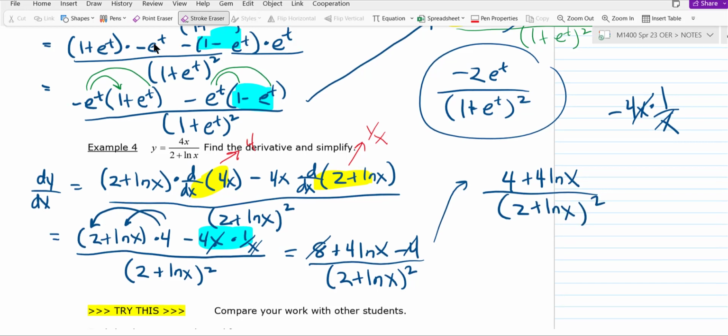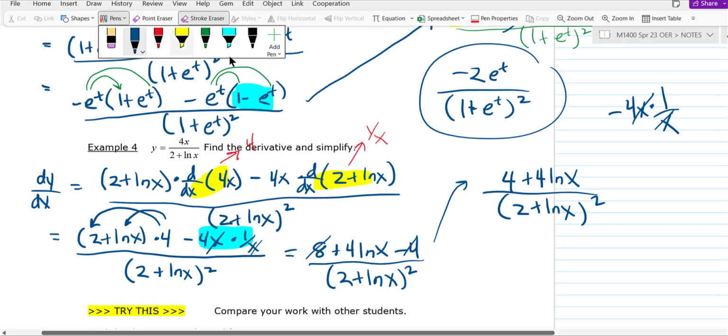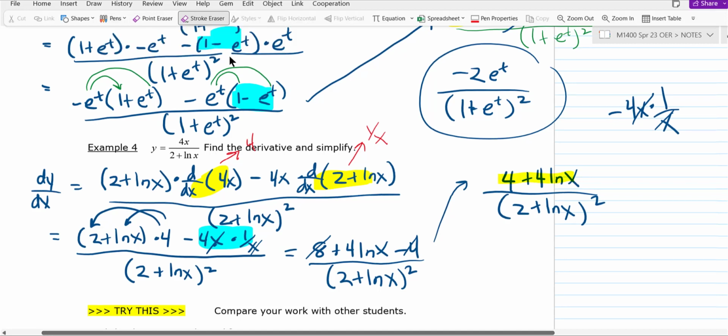Now that's an okay answer. One thing I did mention, though, is that if the numerator factors, it's always worth factoring it. How do you factor 4 plus 4 ln x? Nope, you're thinking two parentheses. Is there a common factor? 4, there you go. A common factor is what you always look for.